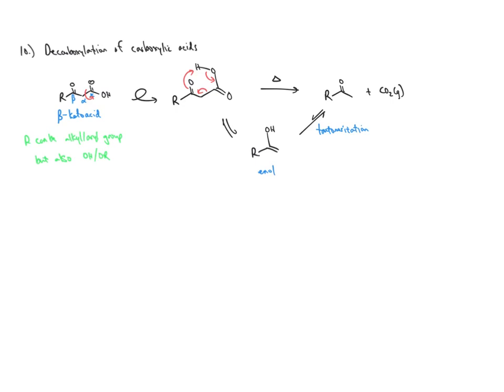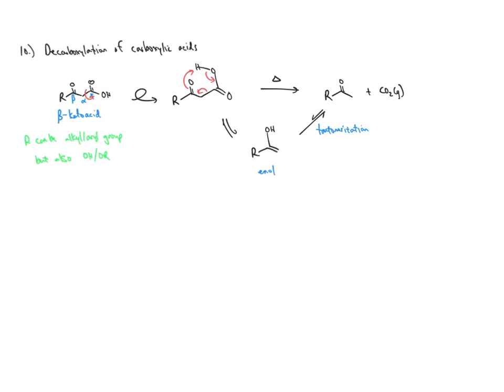And so if the R group was an OH group, you would get a carboxylic acid as your product. If it's an OR group, you would get an ester as your product. So it depends on your functional group.